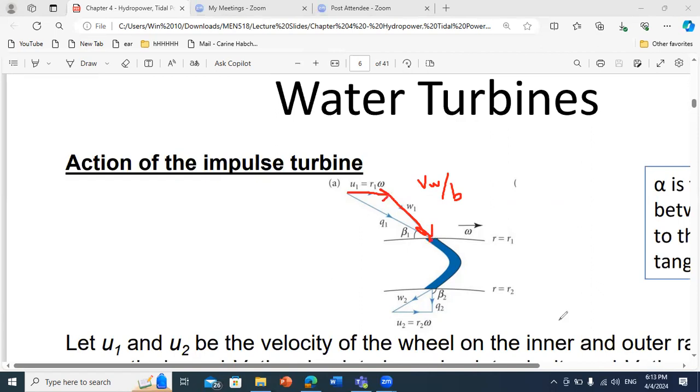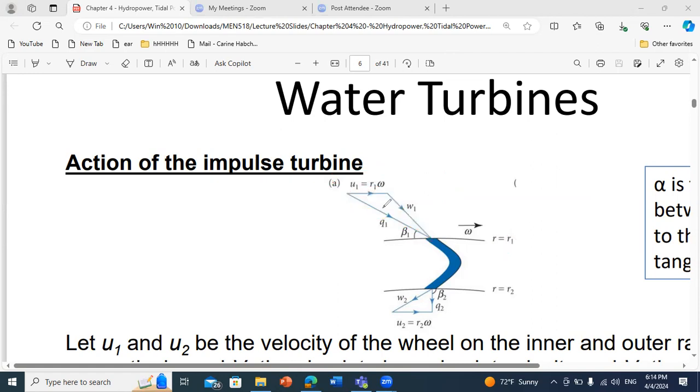The blade is rotating. It's a blade of a turbine. So the radius is equal to R1. So we can say that this blade will give water an additional velocity component of rotation, which is the radius of this point times the angular velocity of the blade. And then the total velocity of water will be just the summation of both. So it's equal to vector u1 plus vector omega 1.